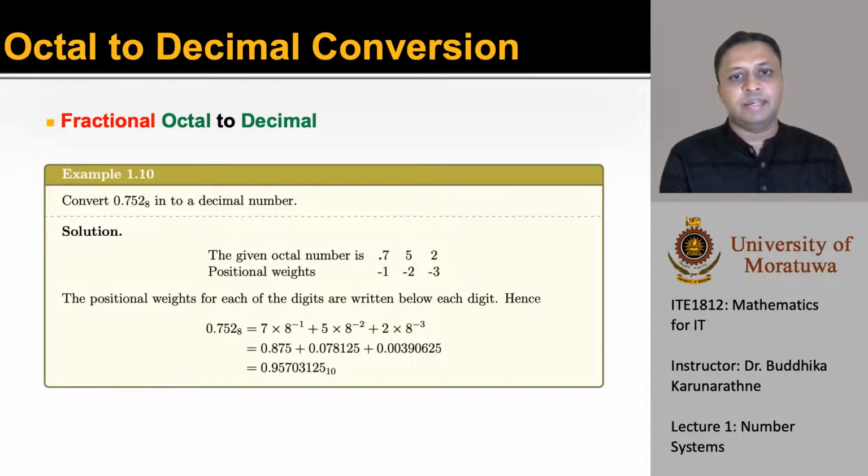In this case, they are negative positional weights, so you have to take them to the negative powers. 7 multiplied by 8 to the power negative 1, 5 multiplied by 8 to the power negative 2, and negative 3. And you add up those numbers, you will get the fractional decimal value corresponding to this fractional octal value. That's how we convert a fractional octal to decimal.